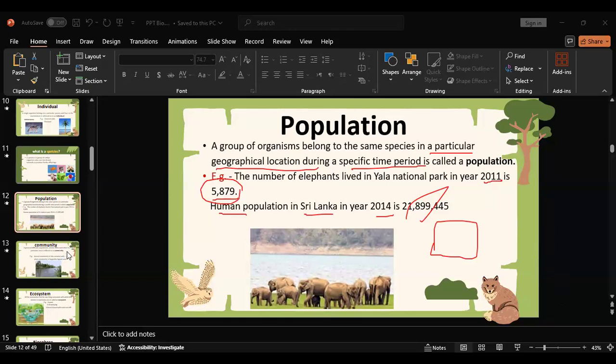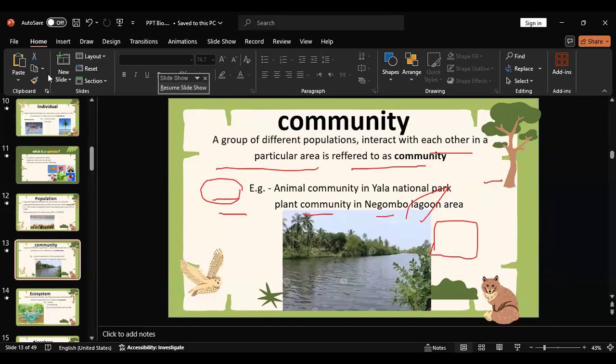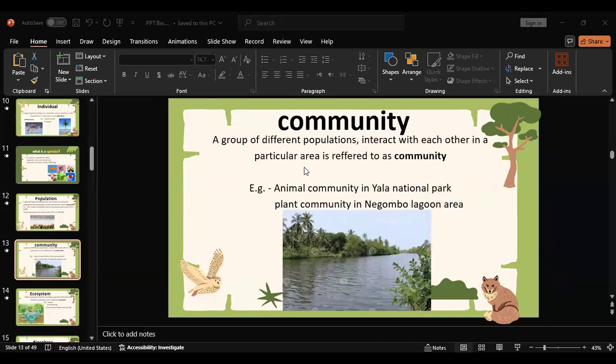The next one is the community. We have already taught you population; community is a group of different populations that interact with each other in a particular area. For example, in this picture there is a coconut tree, a fish, and a crocodile.